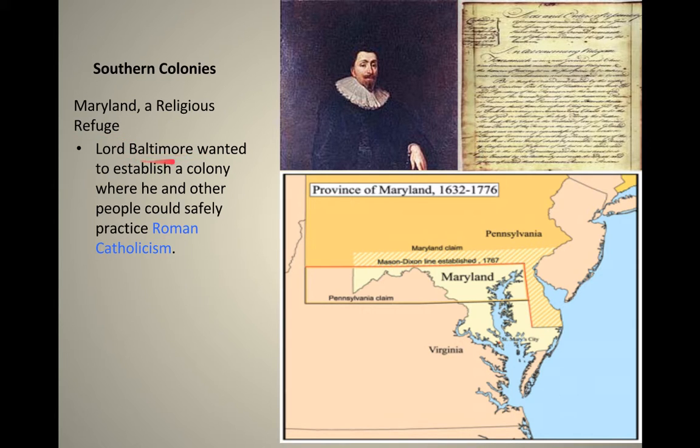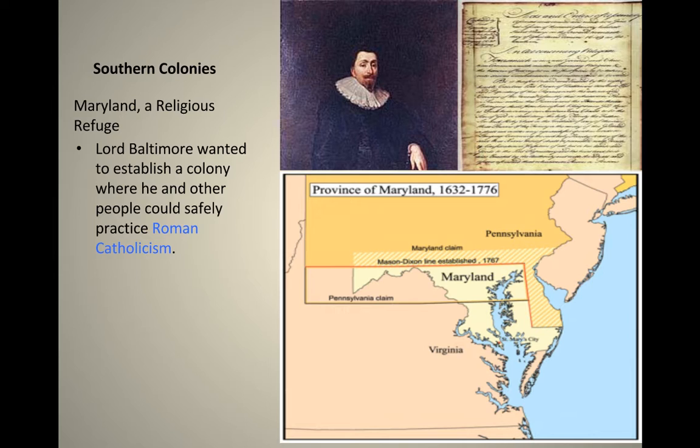Baltimore is a city in Maryland, and it was named after this Lord Baltimore from England. There was a territory named Baltimore in England, and he was the lord of this territory. So he came over and named it the same thing, Baltimore, but he named the colony Maryland. And he did this because he wanted to safely practice Roman Catholicism.